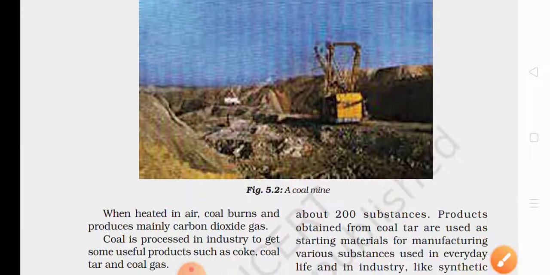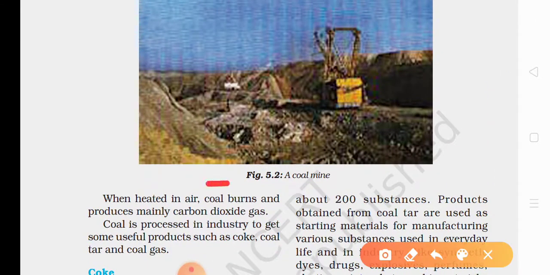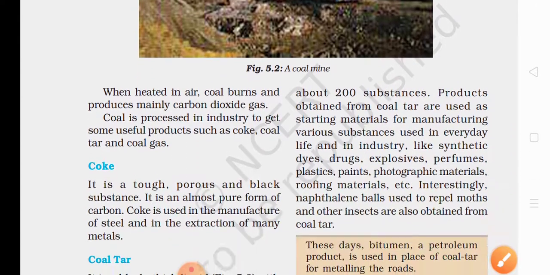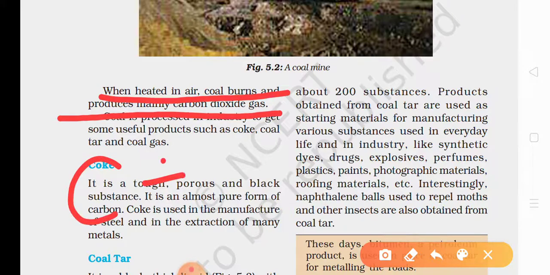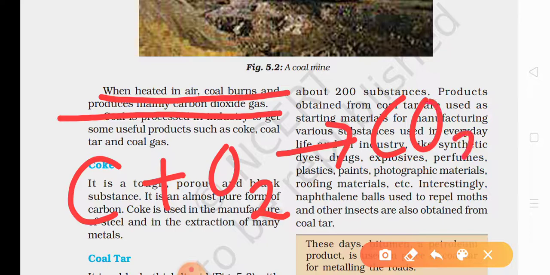Now, this is a figure of a coal mine. Beta, when coal is heated in air, coal burns and produces carbon dioxide gas. Coal is a form of carbon, so we can say C plus O2 gives CO2. Here coal is in the form of carbon.